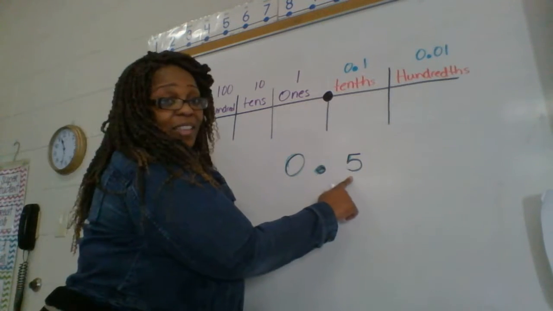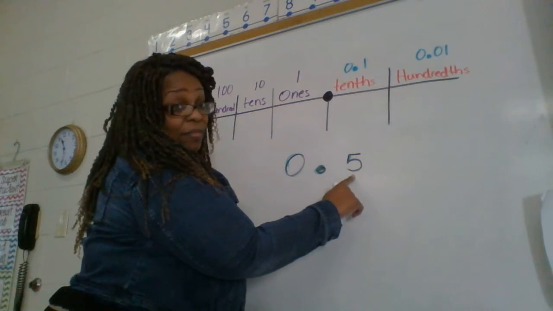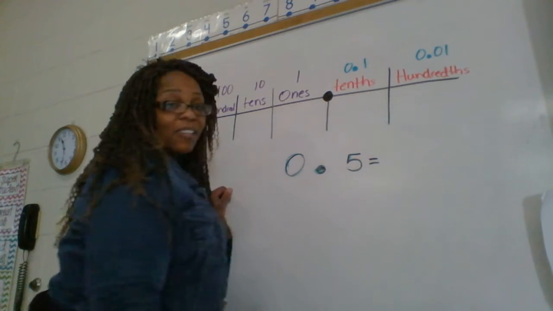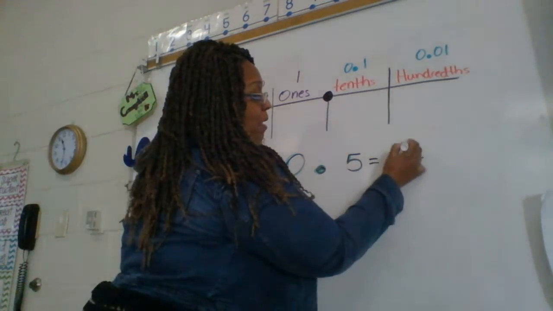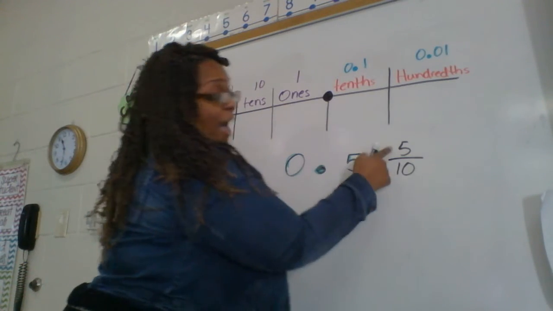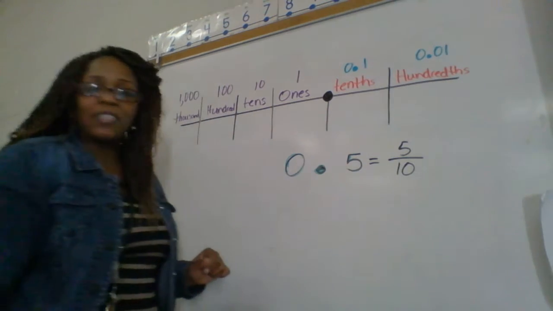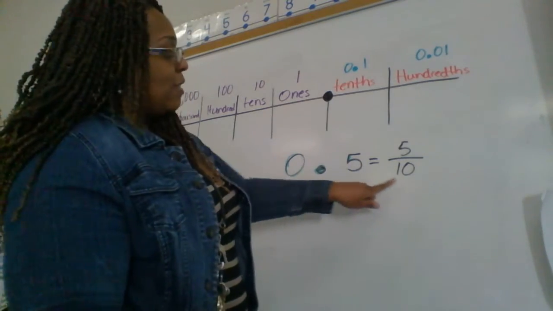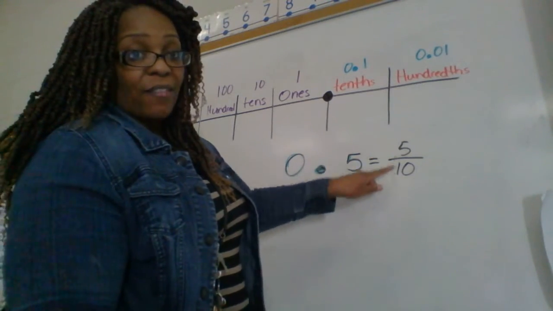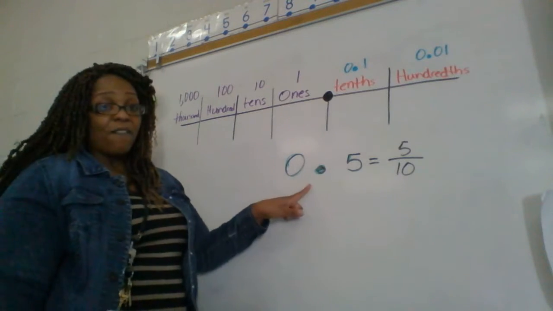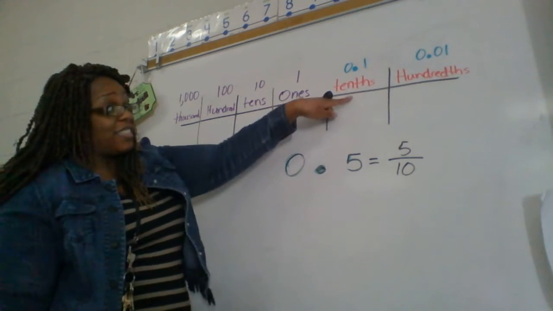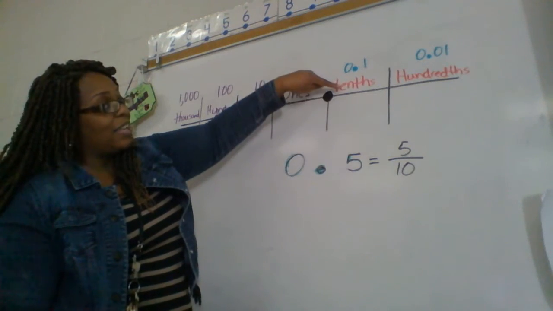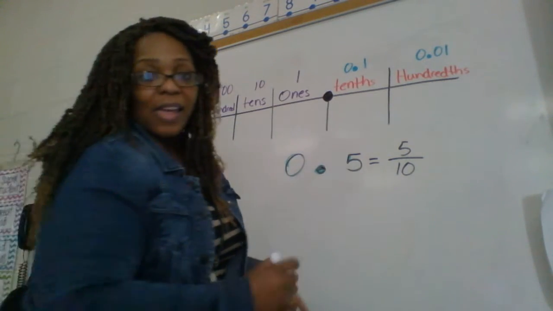Now, the way I say this is 5 tenths, which is the same as saying 5 over 10, which is 5 tenths. Those are the same number, okay? This is the decimal form of it, and this is the fraction form. 5 tenths is the same as 5 tenths because it's in the tenths place. Remember, this 5 here is in the tenths place, and that equals the same thing.